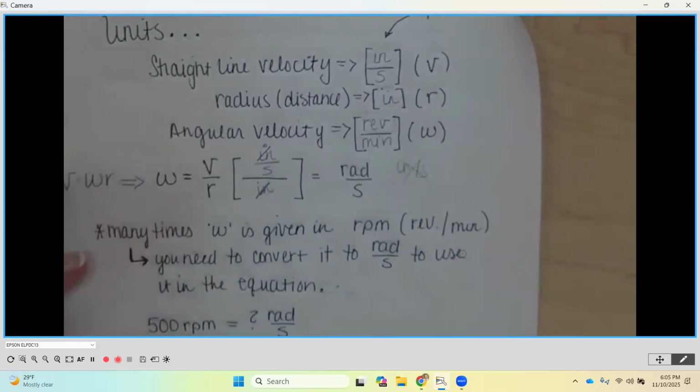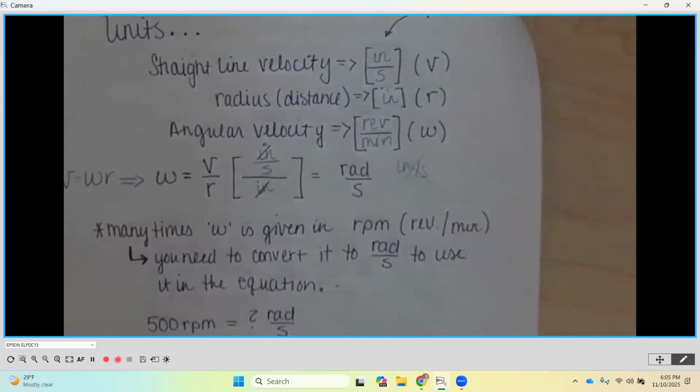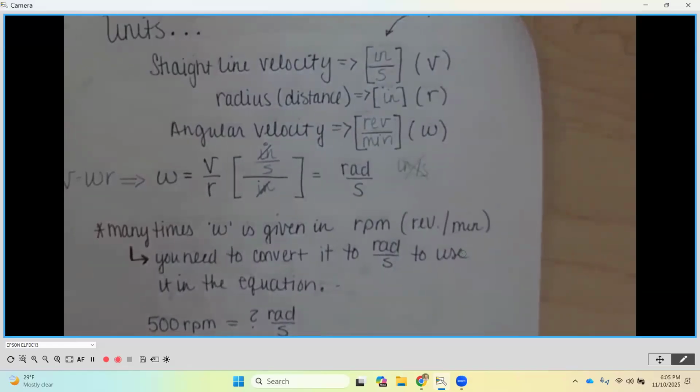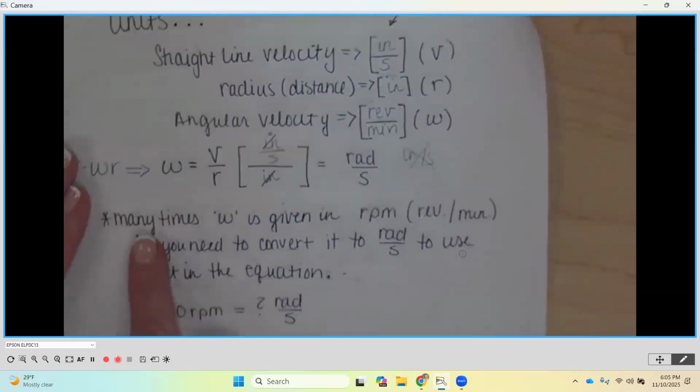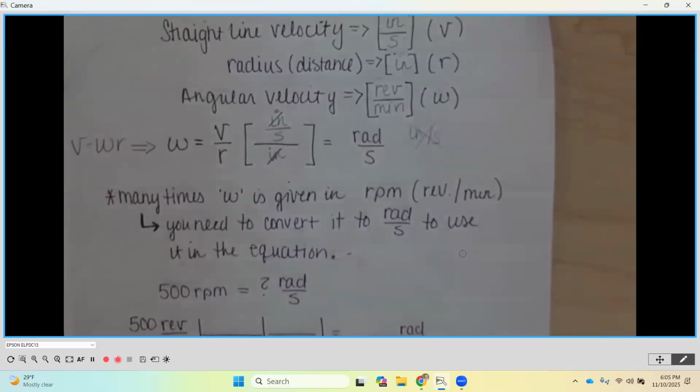So there are two units for angular velocity, but we're going to see them used at different times. Many times your angular velocity is going to be given to you in RPM, because that's the way we specify angular velocity in the world.